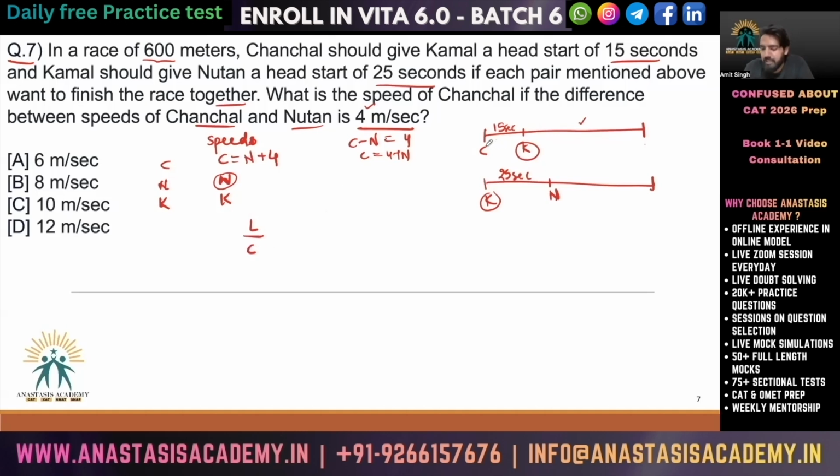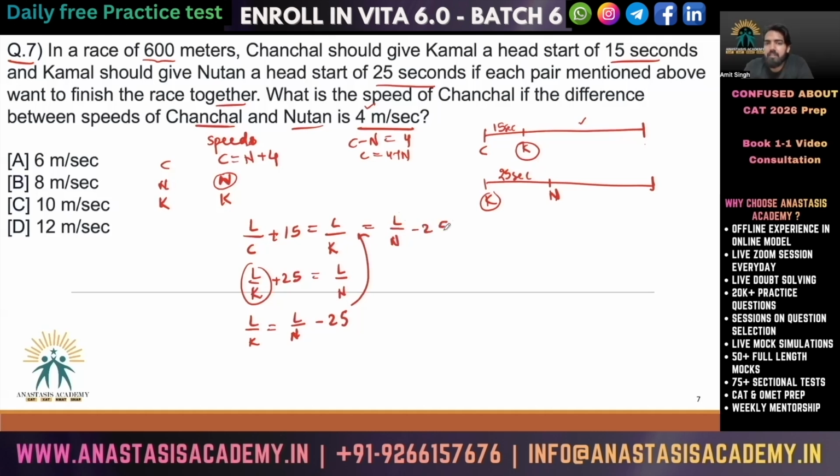This time plus 15 would be equal to the time taken by Kamal. And in the second scenario, the time taken by Kamal plus 25 seconds would be the time taken by Nutan. So the time taken by Kamal, L by K, would be equal to the time taken by Nutan minus 25.